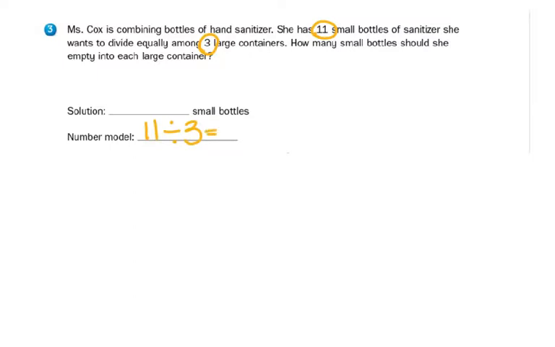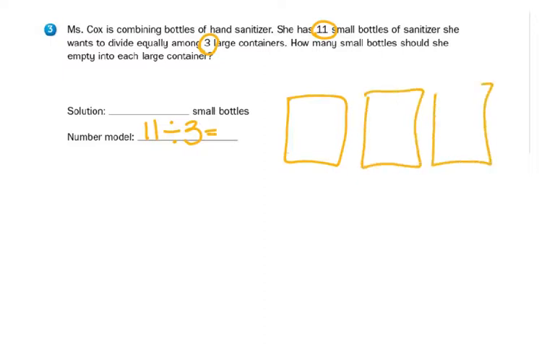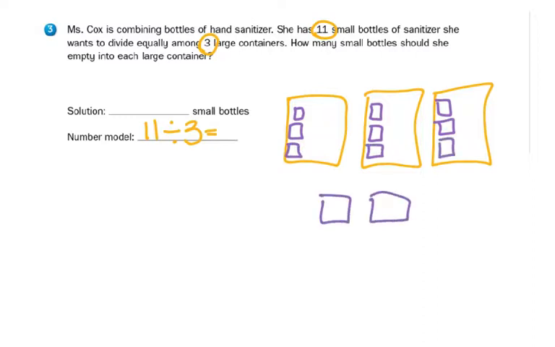What do you remember? I draw a picture. I have 11 bottles, right? So I'm going to place 1 bottle, 2 bottles, 3 bottles, 4 bottles, 5 bottles, 6 bottles, 7 bottles, 8 bottles, 9 bottles. I have 2 bottles left that I'm putting into the larger ones.